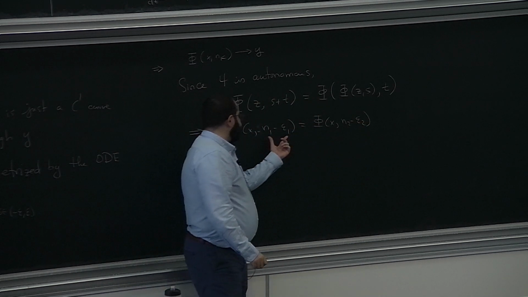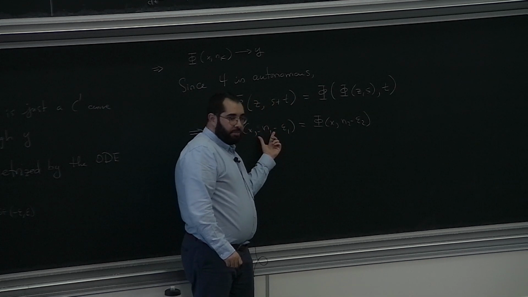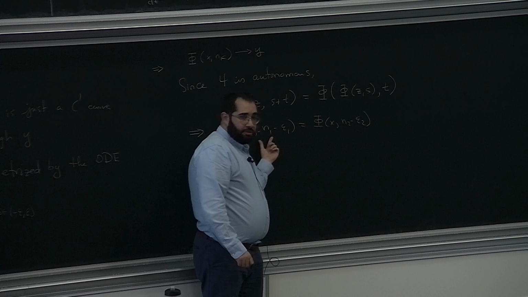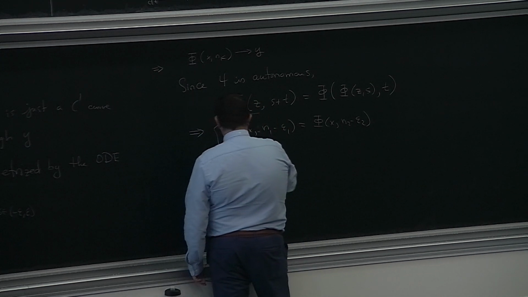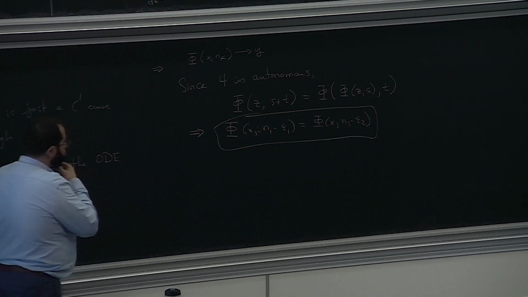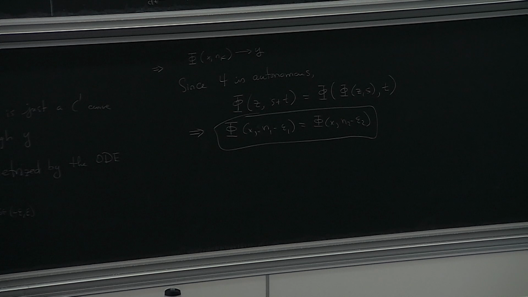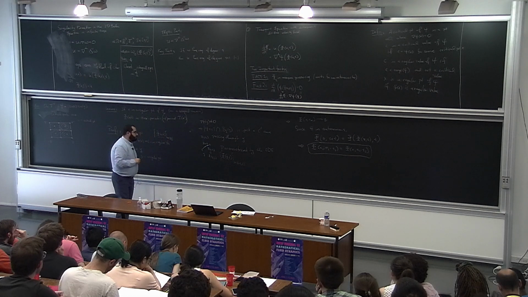And these clearly cannot be the same numbers, because epsilon is a small number and n1 and n2 are integers. So that's it. This is just the proof.